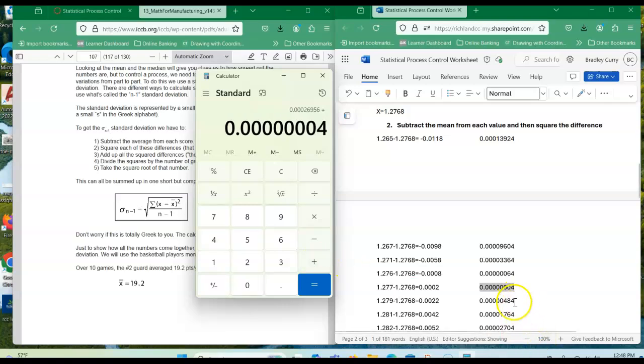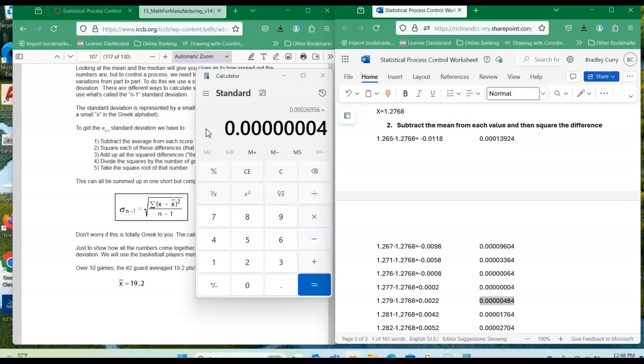So again, as you sit here, yes, there is an easier way to do this, so we will talk about that. Right now, I just want you to follow along and make sure that you understand what's going on as we do these calculations.